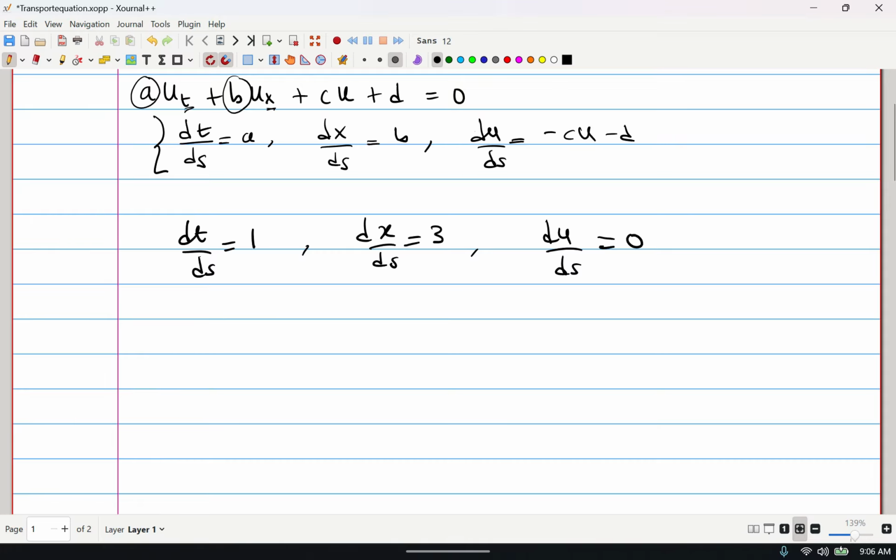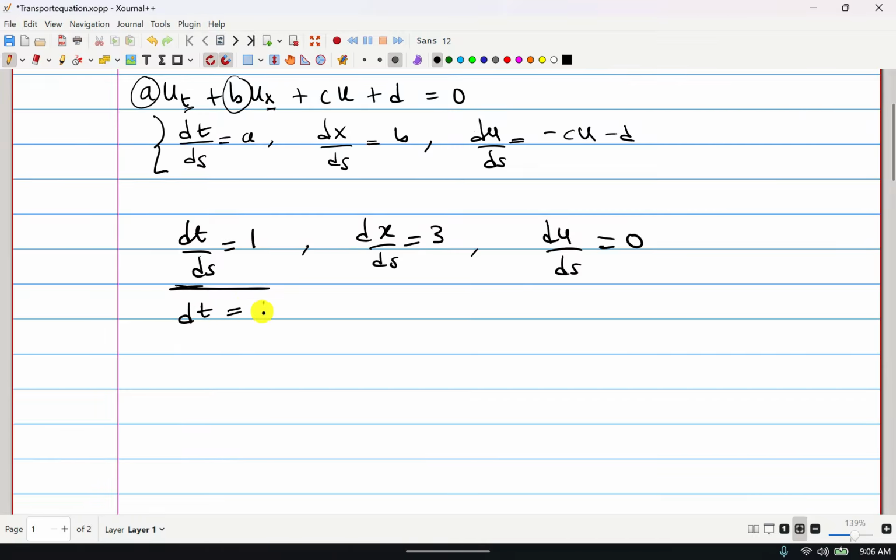We need to solve each one of these ODEs, or we can come up with a different approach to solve them if you want. The idea is to get a constant by eliminating the parameter s. We solve for that system using the method of separation of variables.